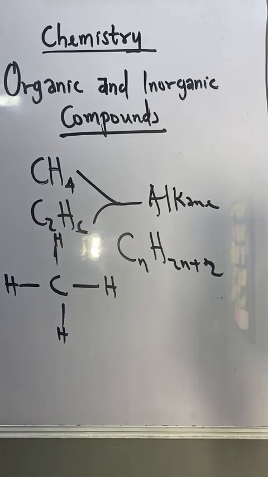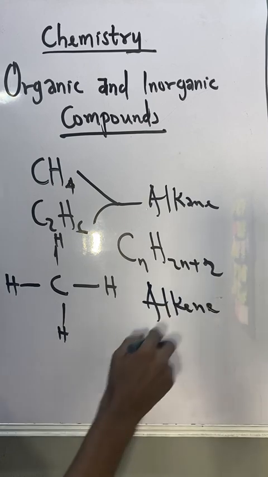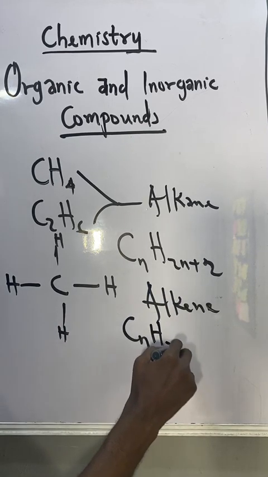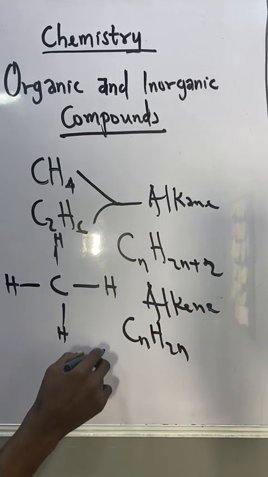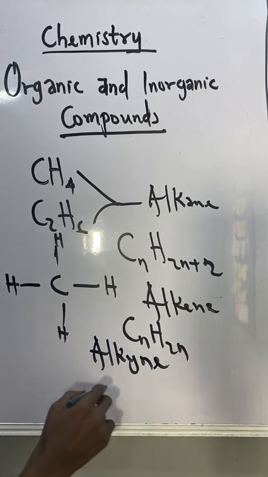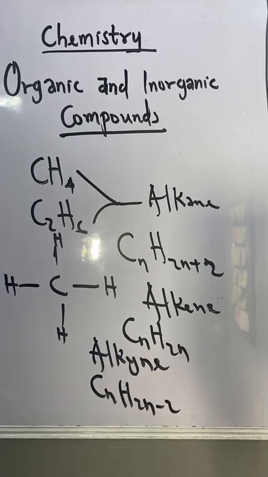It happens like that for alkanes, and for alkenes too, that conform to the general formula CnH2n. Then we have the alkynes that conform to this general formula, CnH2n-2. All of these are organic compounds.